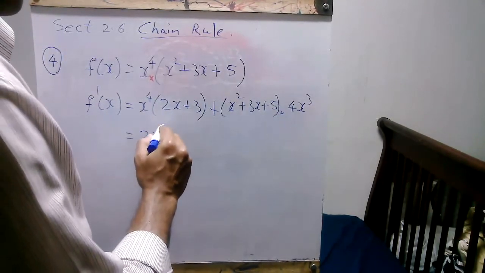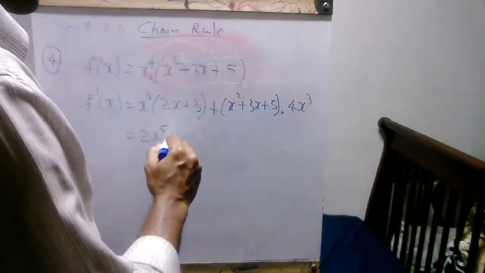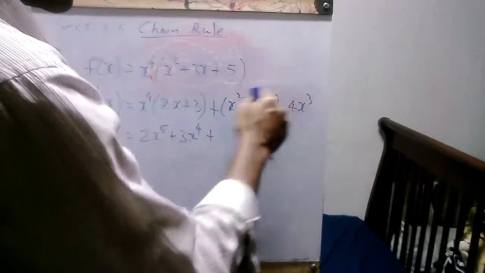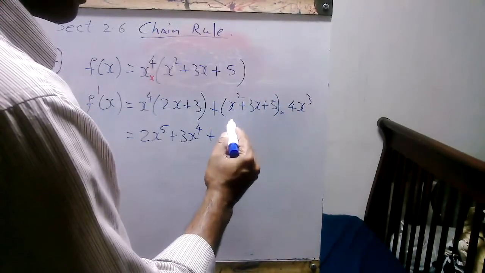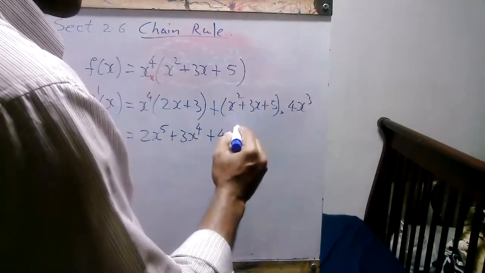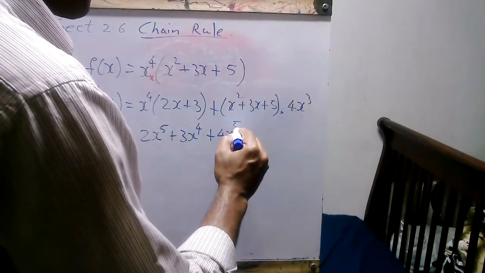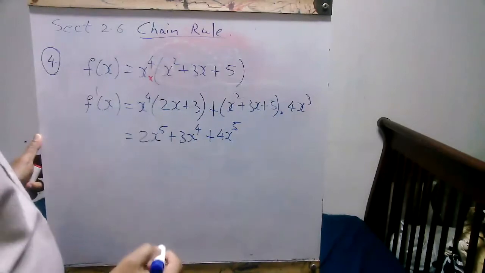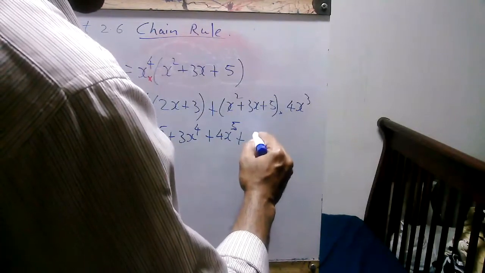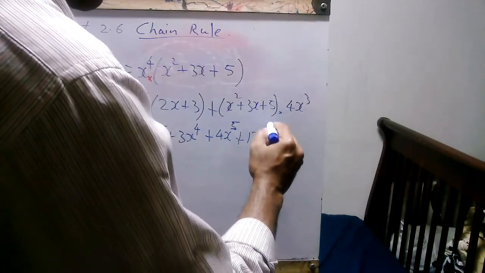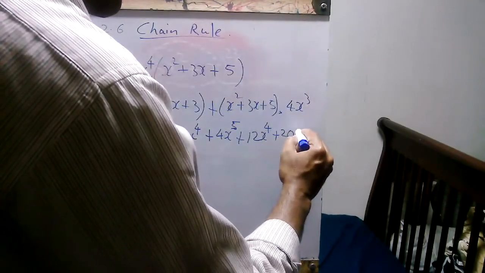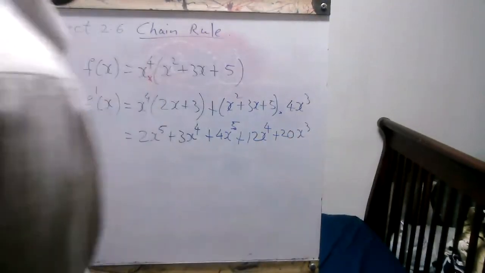2x to the power 5, plus 3x to the power 4, plus distribute. Remember, when we multiply, we add the exponents. Plus 3 times 4 is 12, x to the power 4, plus 20x to the power 3.